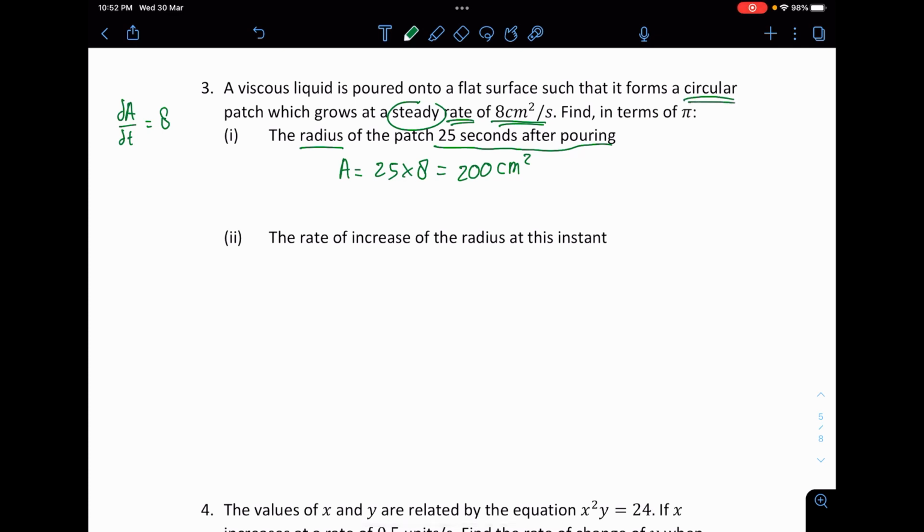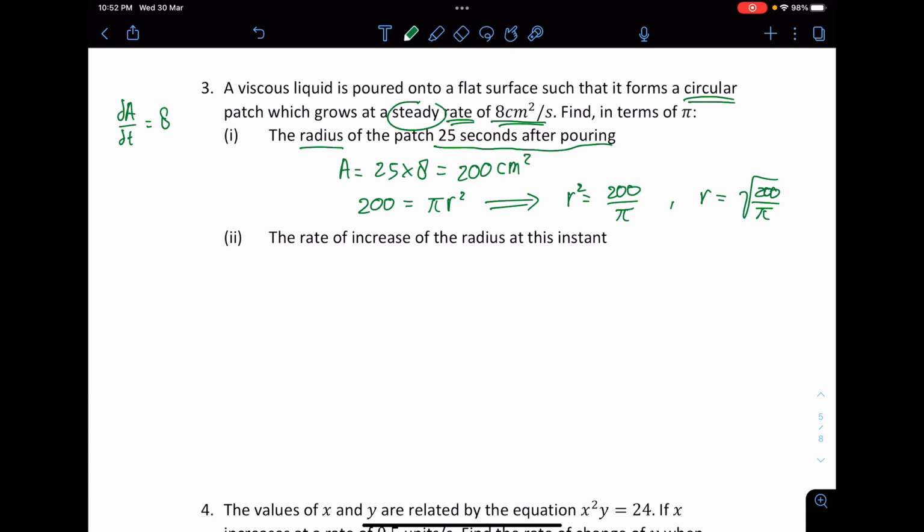Since we are talking about a circular patch, the area is 200 equals pi r squared, which means you can find the radius. Radius squared is 200 over pi, and therefore r is the root of that. Just use a calculator, put it in 3SF.